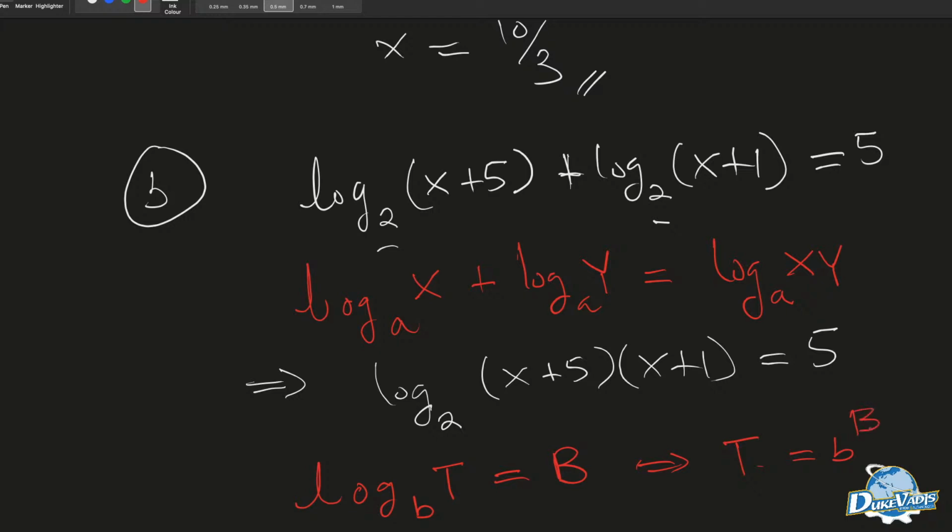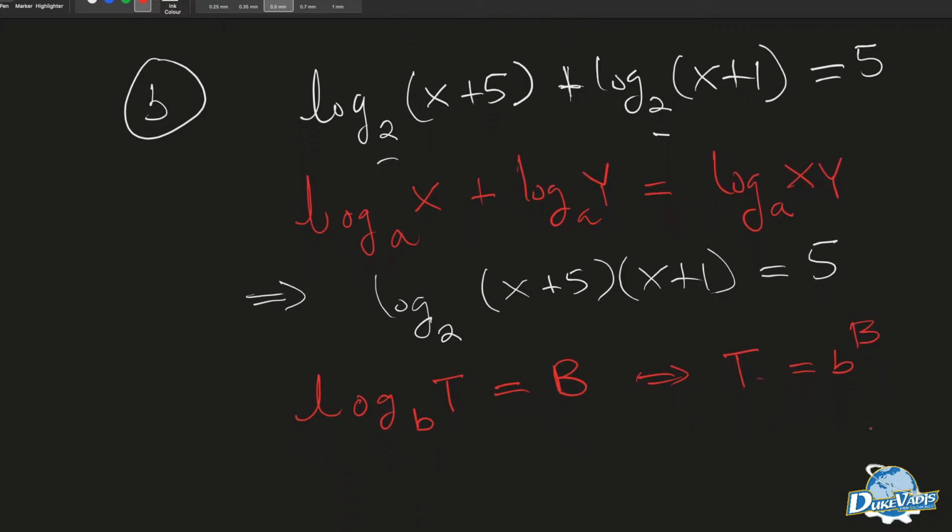So when we apply the same principle, our equation is once again going to have a very different form. This one is going to be (x plus 5)(x plus 1) equals 2 raised to the power 5. Have you seen it?